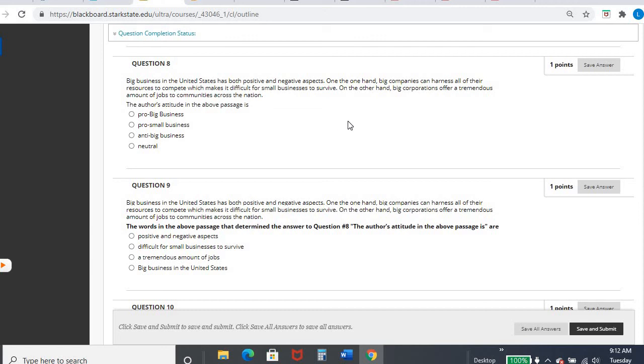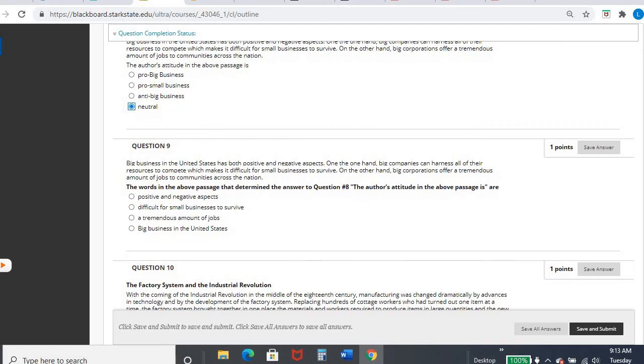On the other hand, big corporations offer a tremendous amount of jobs to communities across the nation. Okay, so if I look at that, to me, they give both the positive and the negative. They're not just weighing on one or the other. So that is neutral, meaning they're unbiased because they gave attention to both pretty equally there.